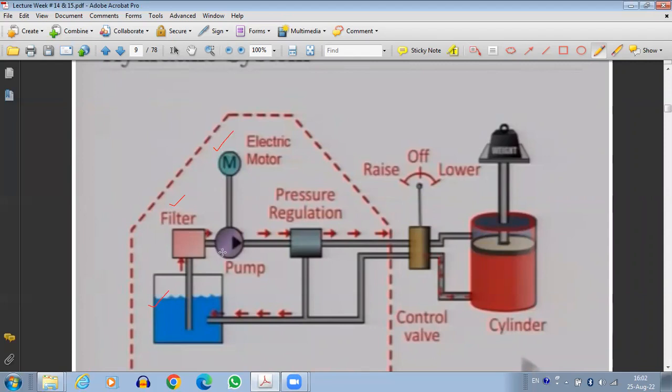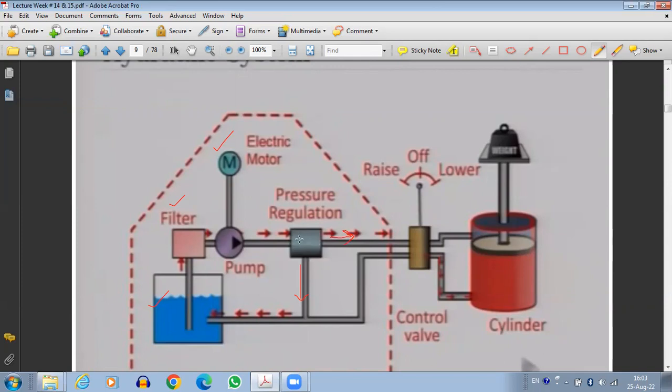The pump is going to produce high pressure within this hydraulic fluid. Once the high pressure is produced, it passes through a pressure regulation device. The pressure regulation device ensures that the right amount of pressure is produced. And in case the pressure produced is larger than required, then some of the fluid is returned back so that the pressure is relieved and only the required amount of pressure passes onto the system.